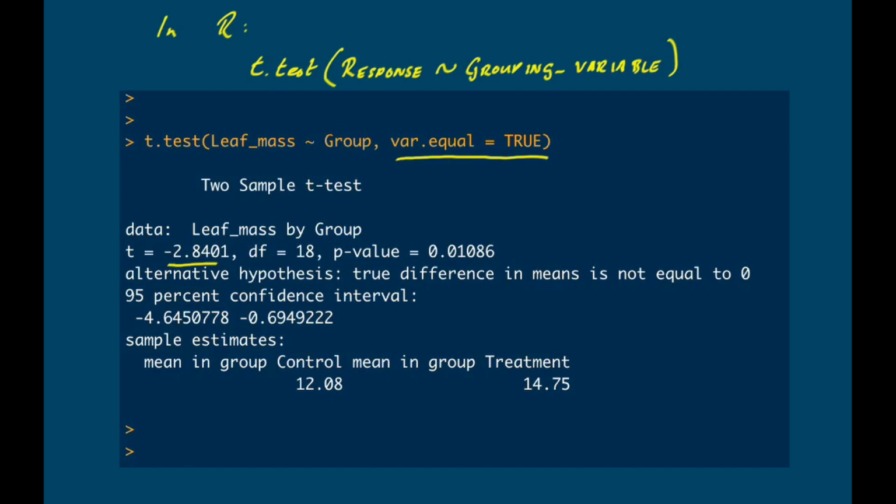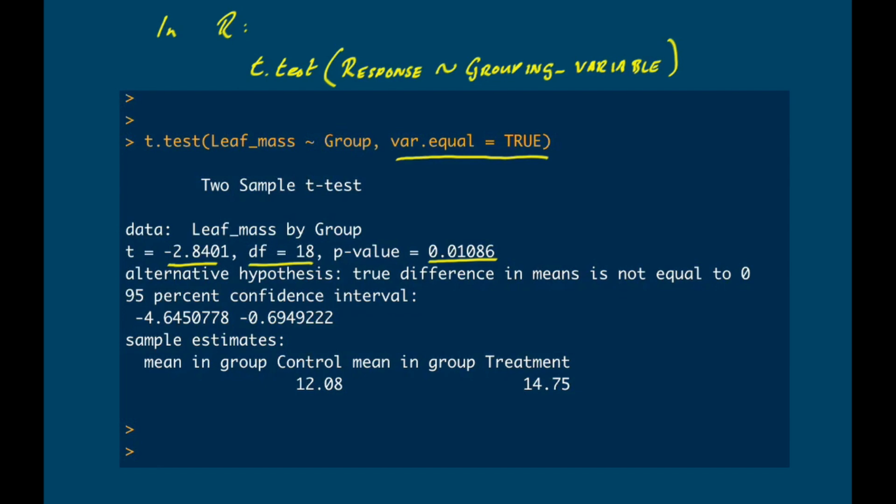One thing you might notice is that this is actually minus 2.84. That's simply because R calculated it the other way round from the way we calculated it. It doesn't make any difference which mean you subtract from which other mean, you'll get the same result. So t is 2.84, 18 degrees of freedom, and our p-value is 0.01, just the same as we just calculated.